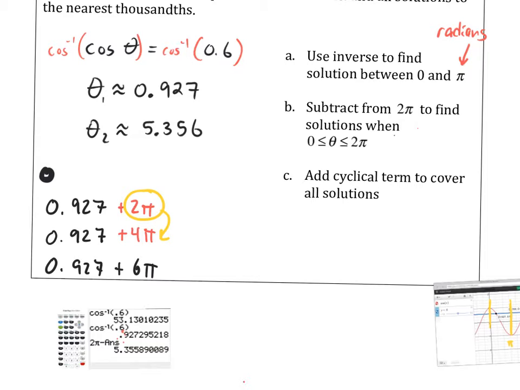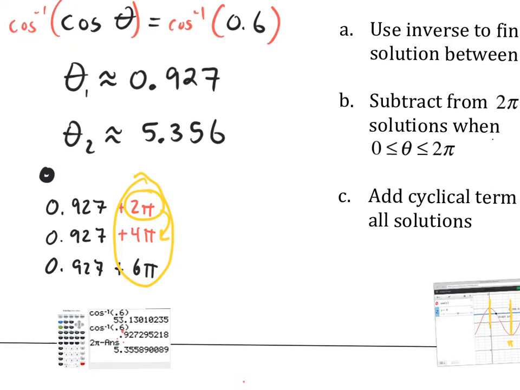So what we're going to do, and this part right here is called the general solution, is instead of writing it out and there's going to be an infinite number, notice all we're doing is taking 2 pi and just multiplying it by 1, 2 pi multiplying by 2, 2 pi multiplying by 3. So notice there's a pattern. So how do we write that? It's actually as simple as this. I found my first term right there.